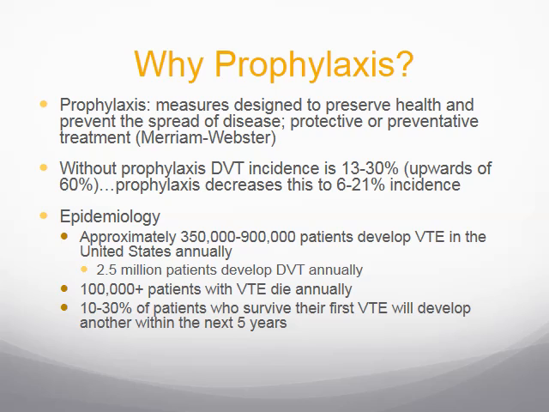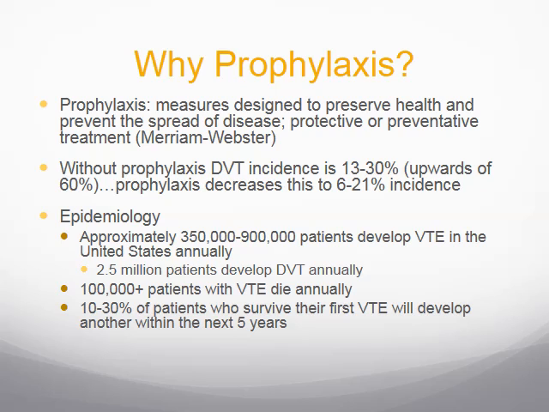There's a lot of varying data out there that talks about the incidence of DVT formation. And I think that this is because of the difference in DVT detection, definition, and diagnosis. But all in all, without prophylaxis, DVT incidence can occur anywhere from 13% upwards of 60% of patients that have been admitted into the hospital.